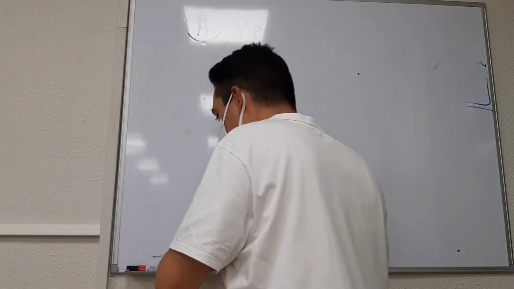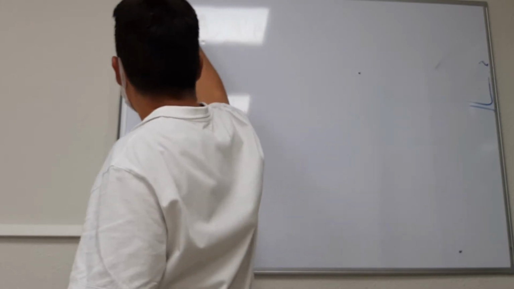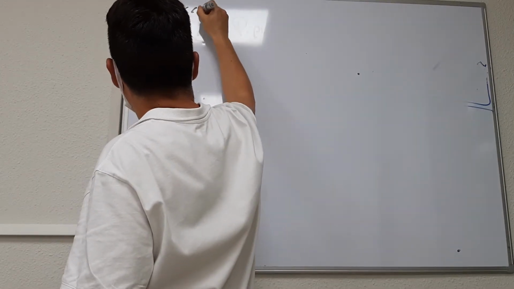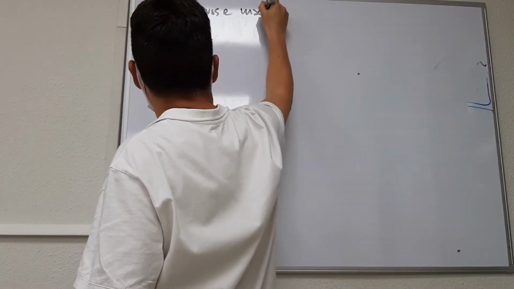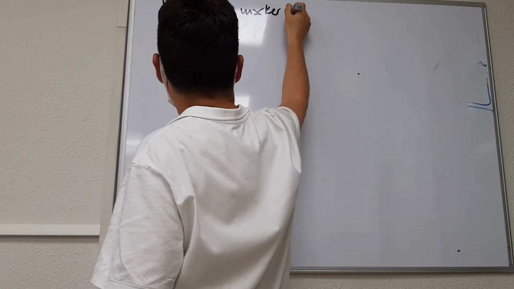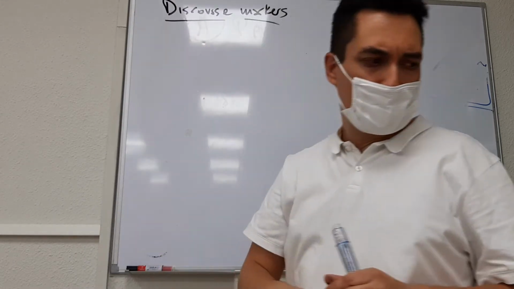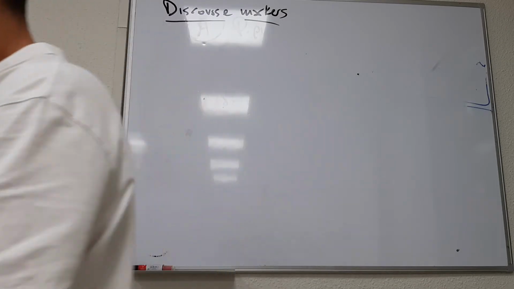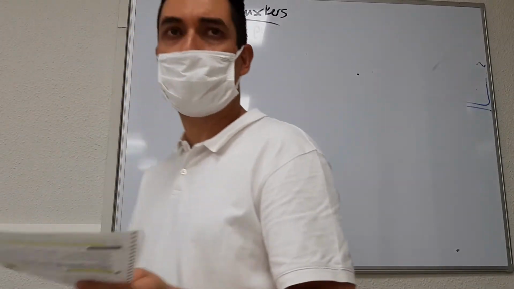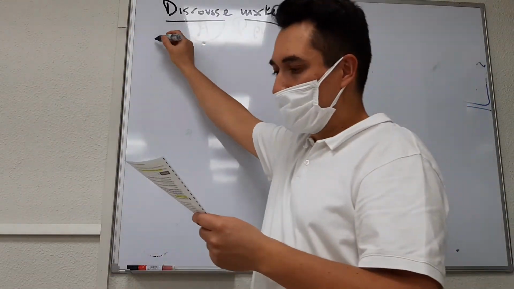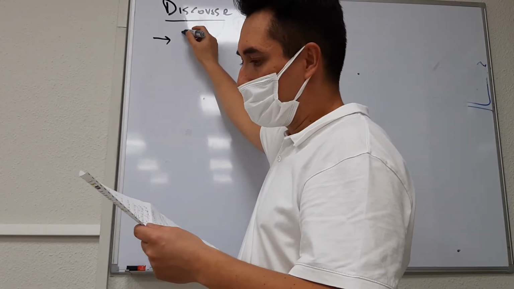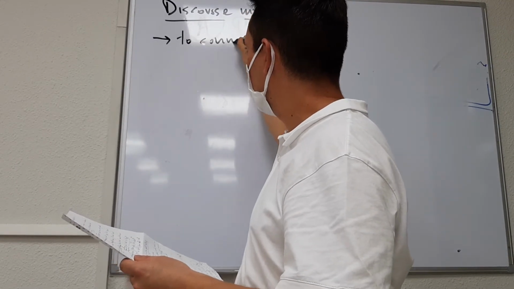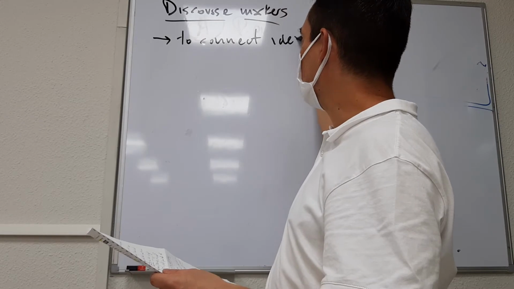So let me explain about discourse markers today. Discourse markers. Why do we use discourse markers? What is the purpose of discourse markers? Well, one thing you can do with them is to connect ideas.